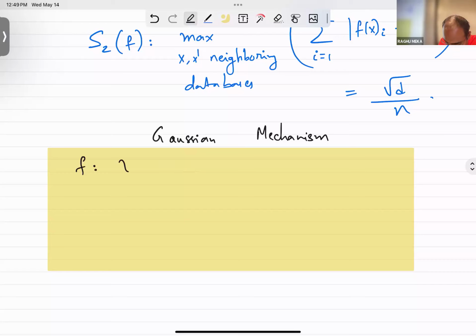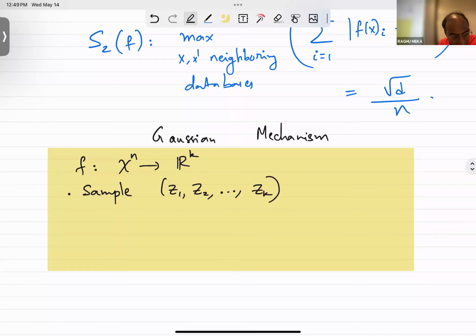And the way it works is as follows. It's similar in spirit, except you're changing the distribution for adding the noise.